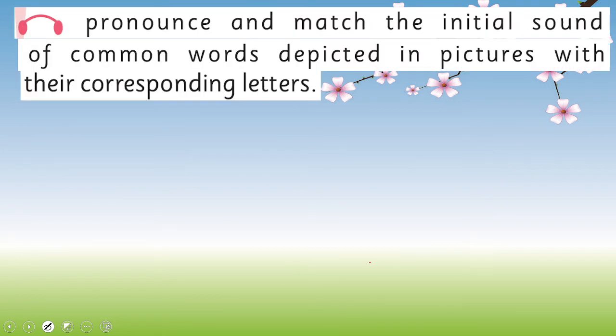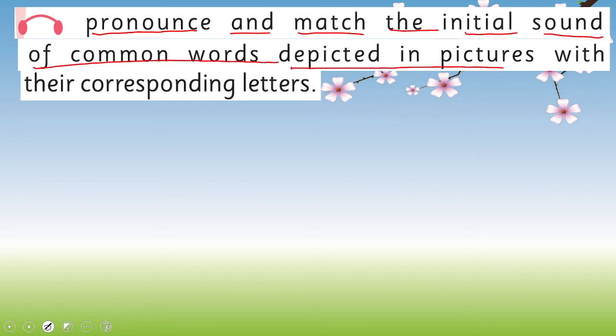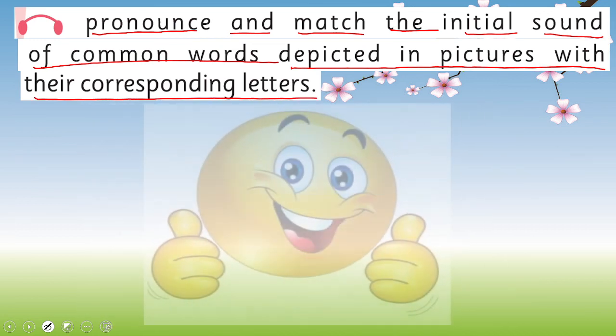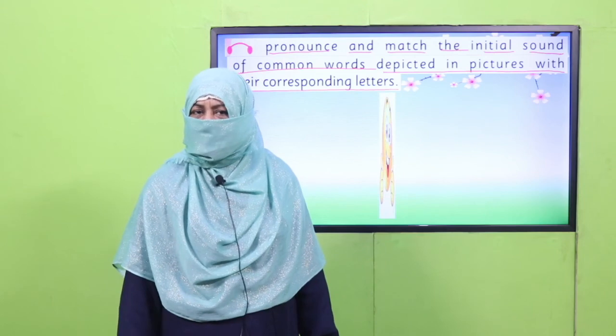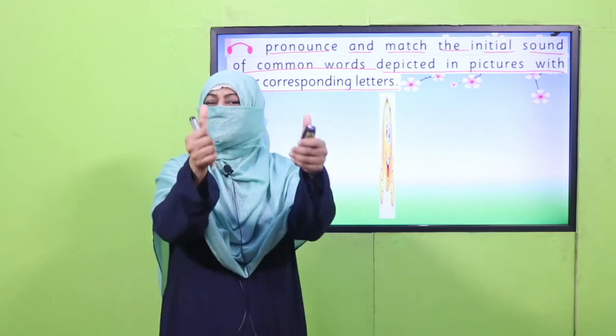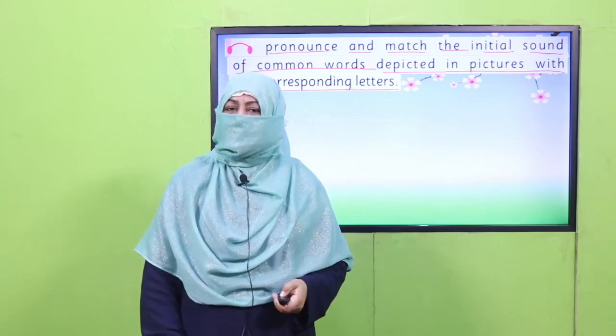In this way, we achieved today's SLO, that is, pronounce and match the initial sound of common words depicted in the pictures with their corresponding letters. Are we done with this concept? Yes, good job. So that's it for today's lecture.